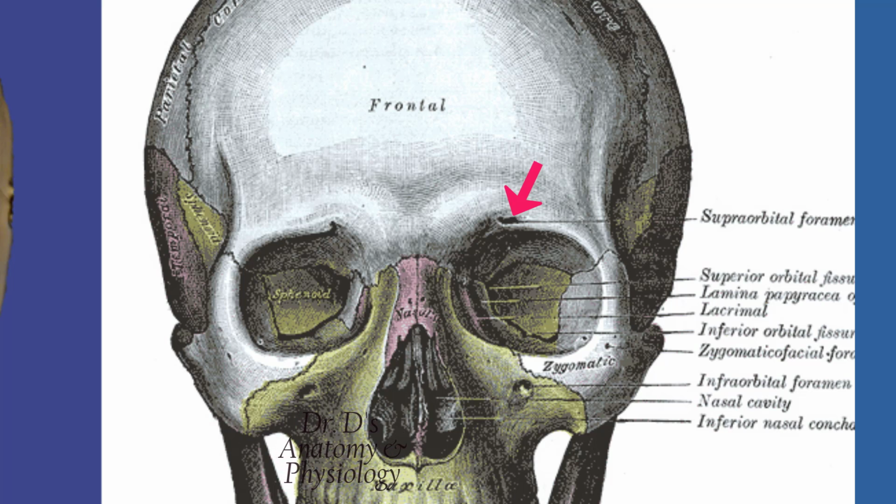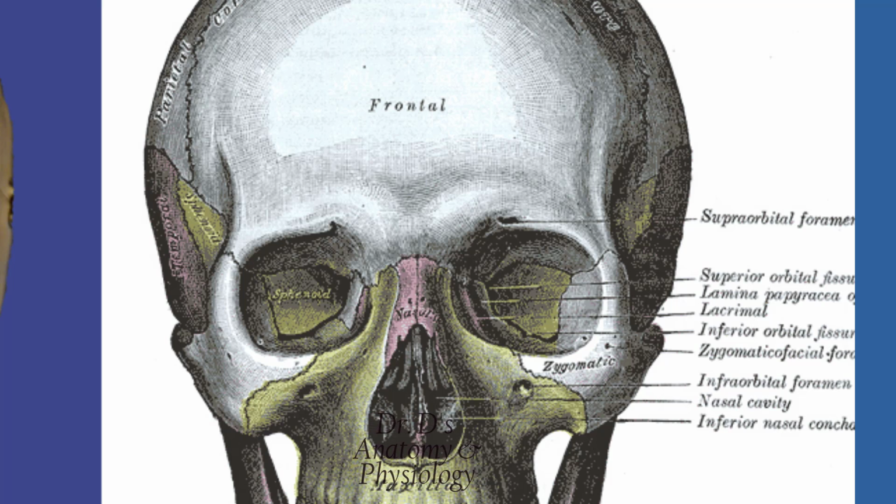However, when you go over to the right eye, you don't see a foramen. What you see is a notch. So if you were to describe it, you wouldn't call it a foramen since it isn't an opening in the bone, but it's a notch. And so here we can see that you can actually see this variation in an individual skull, one side different than the other, the right being different than the left.